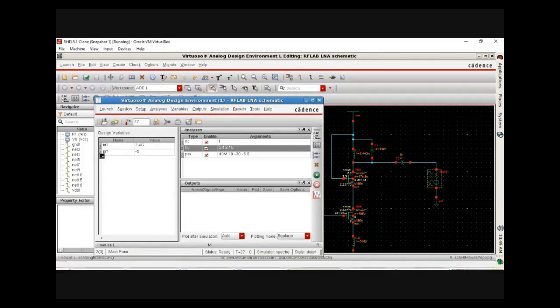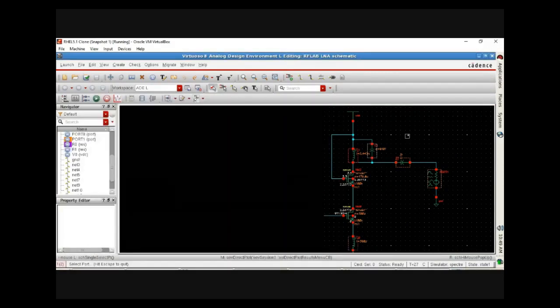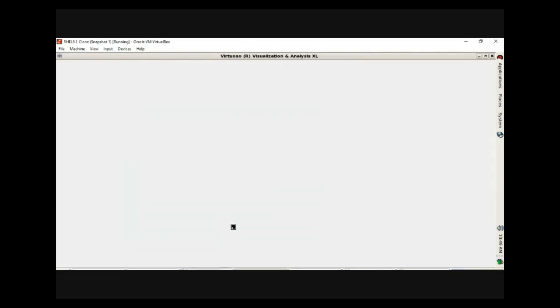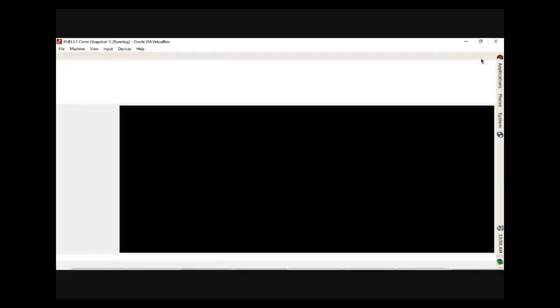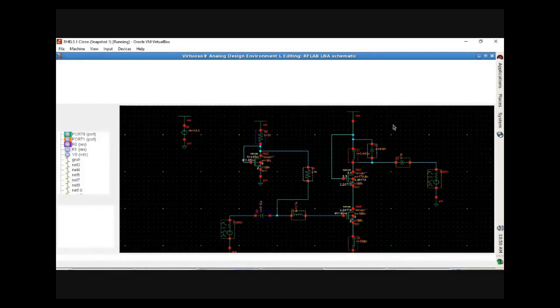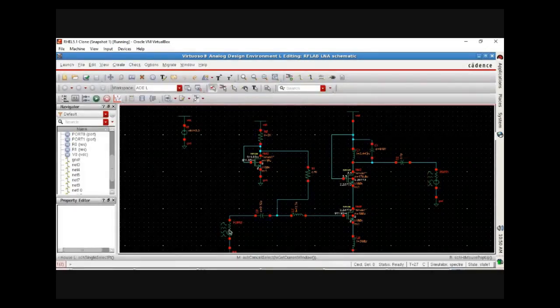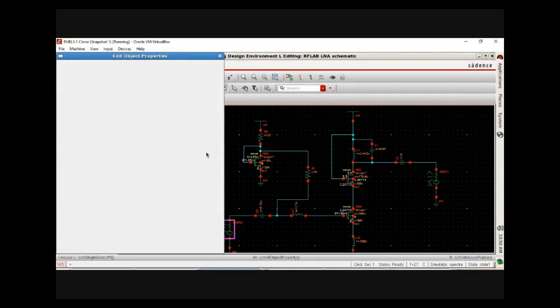Ports are components where I can define the frequency of the input and the amplitude of the input. You can see the port.